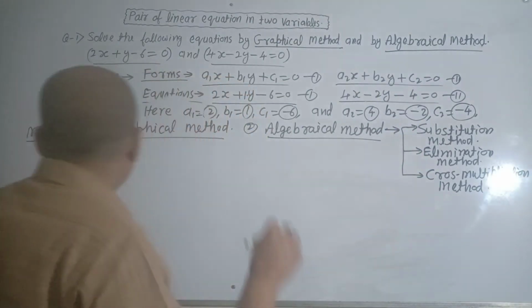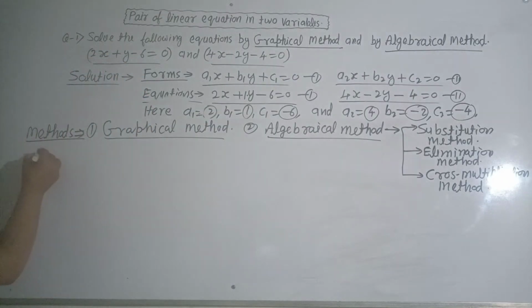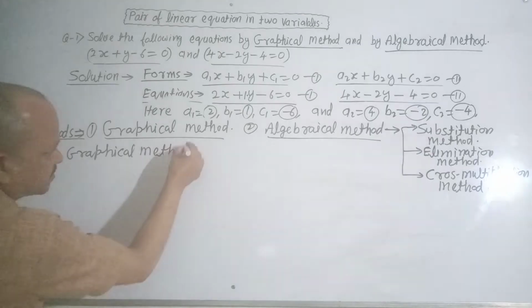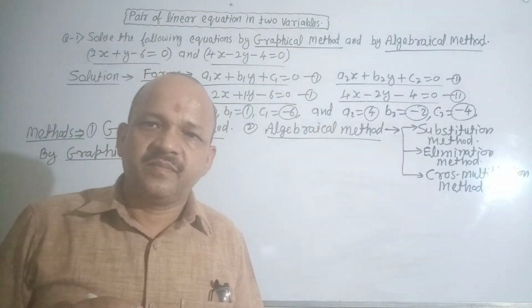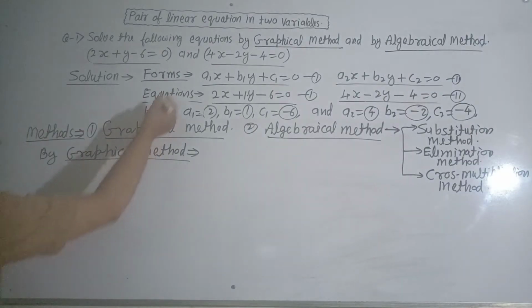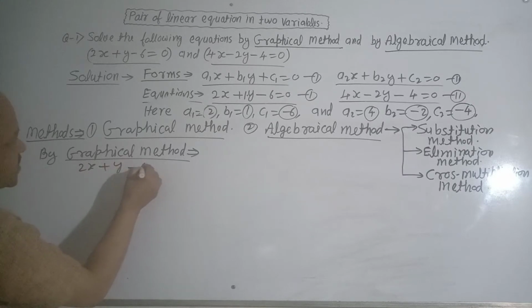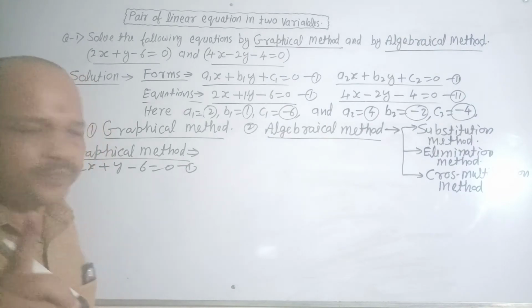Very good. Graphical method. By graphical method, we find two solutions of each equation. Here, equation first, 2x plus y minus 6 equal to 0.